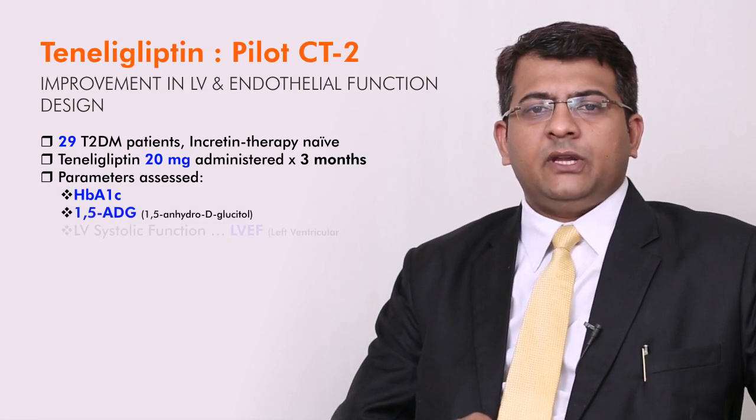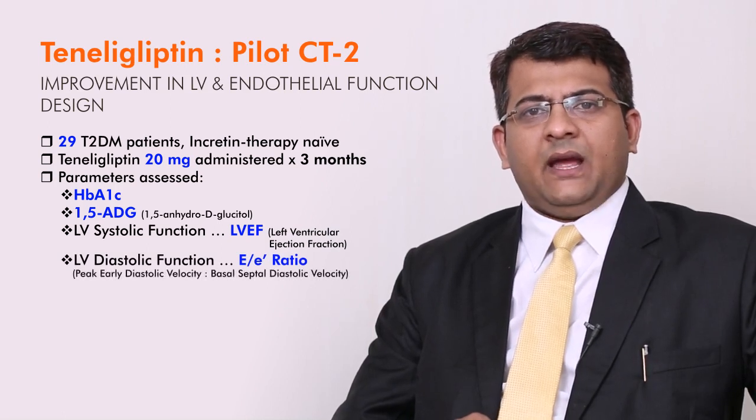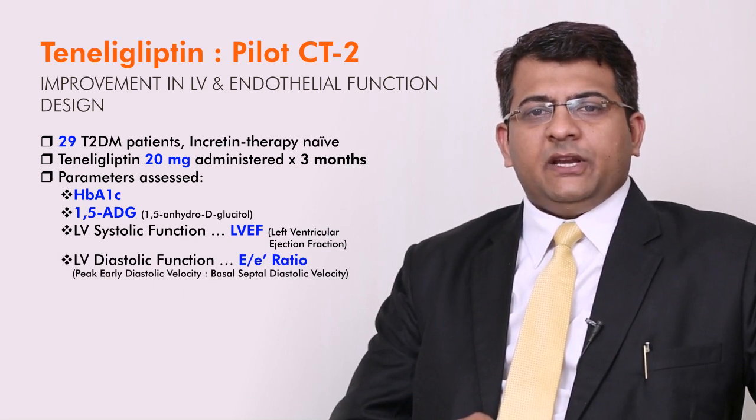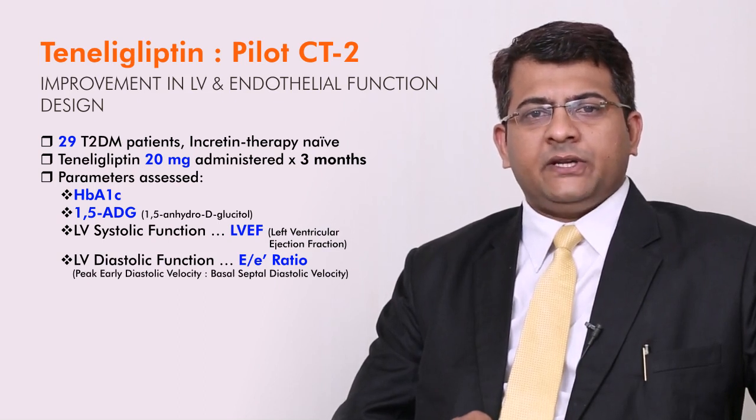They estimated different glycemic parameters like A1C and 1,5-anhydroglucitol, and two important cardiovascular parameters: systolic function by estimating the ejection fraction, and diastolic function by estimating the capital E to small e ratio, that is, peak early diastolic velocity to basal septal diastolic velocity.